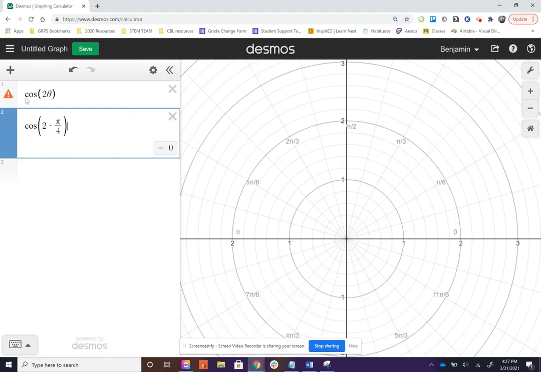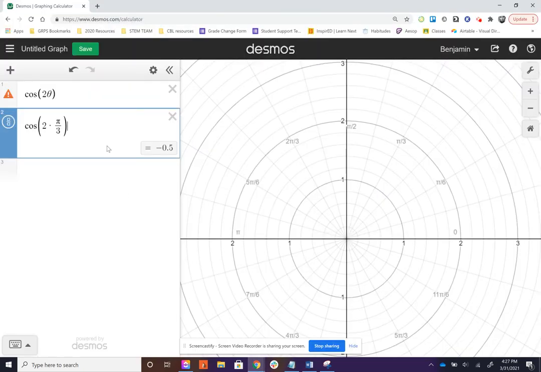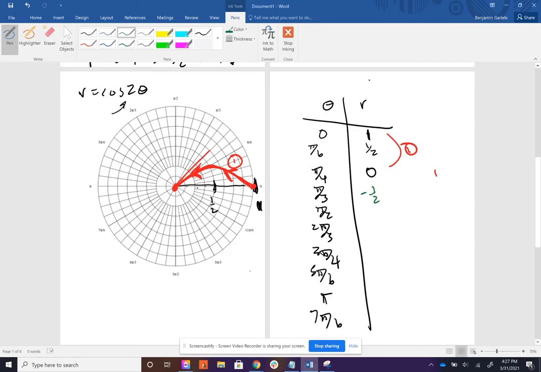And then our next leg, let's do pi over 3, negative 0.5. Negative 0.5. And then pi over 2, negative 1.